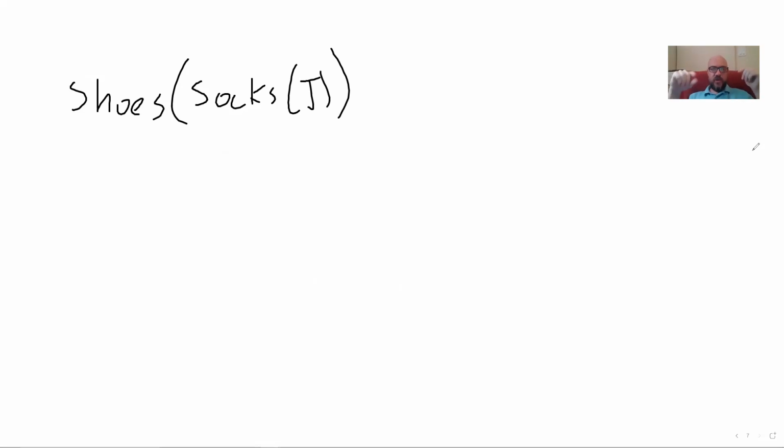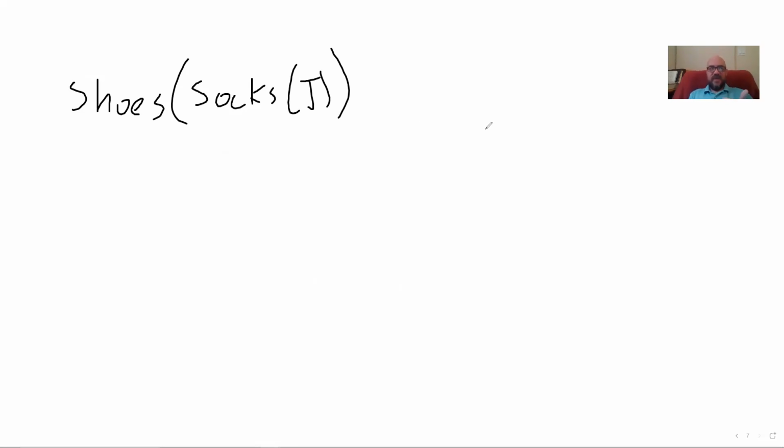Well, if I wanted to undo that operation, not only do I have to use shoes inverse and socks inverse, I have to use them in the other order. Because just think about yourself with your shoes and socks on, right? To put your shoes and socks on, you have to put on socks, then put on shoes. But to get back to bare feet, you have to take the shoes off first, even though they went on second. And you have to take the socks off second, even though they went on first.